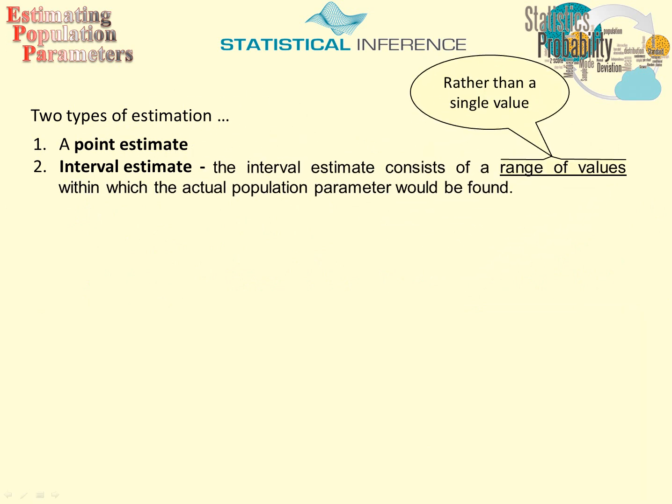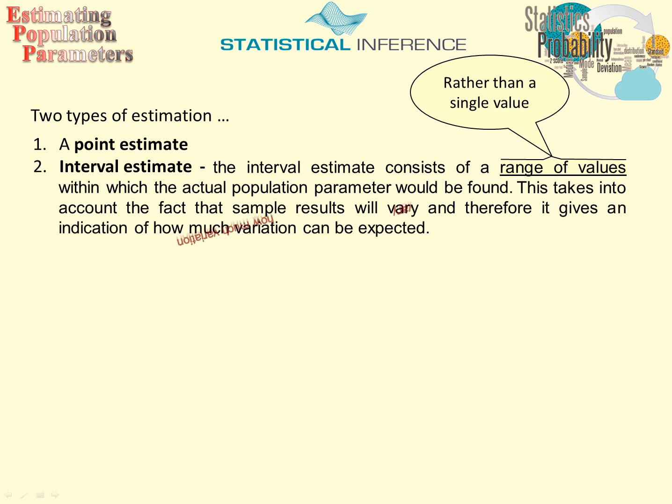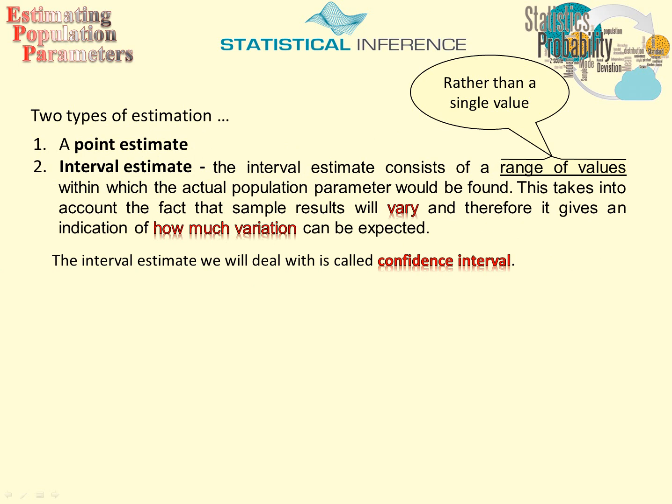That consists of a range of values, rather than a single value, within which the actual population parameter would be found. So it takes into account that sample results may vary, and it gives an indication of how much variation can be expected. We're going to call the interval estimate the confidence interval.